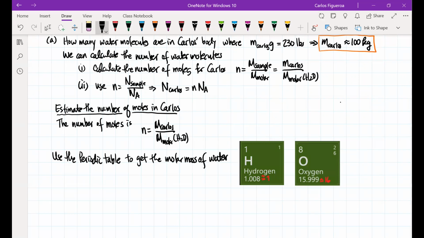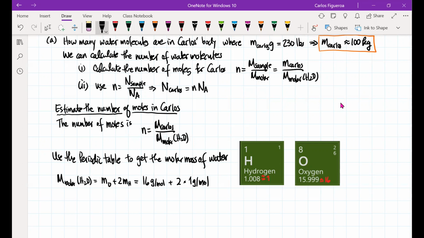So now the molar mass of H2O is the mass of oxygen plus 2 times the mass of hydrogen. Oxygen is 16, so this is 16 grams per mole plus 2 times 1 gram per mole.